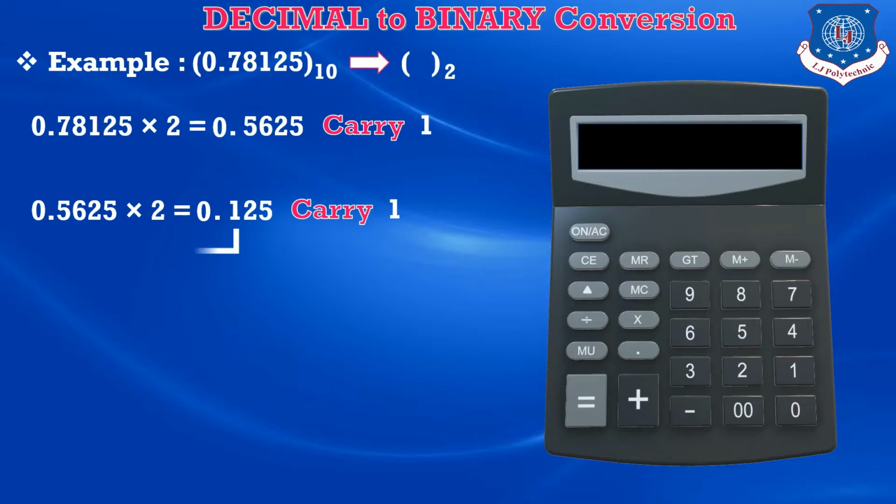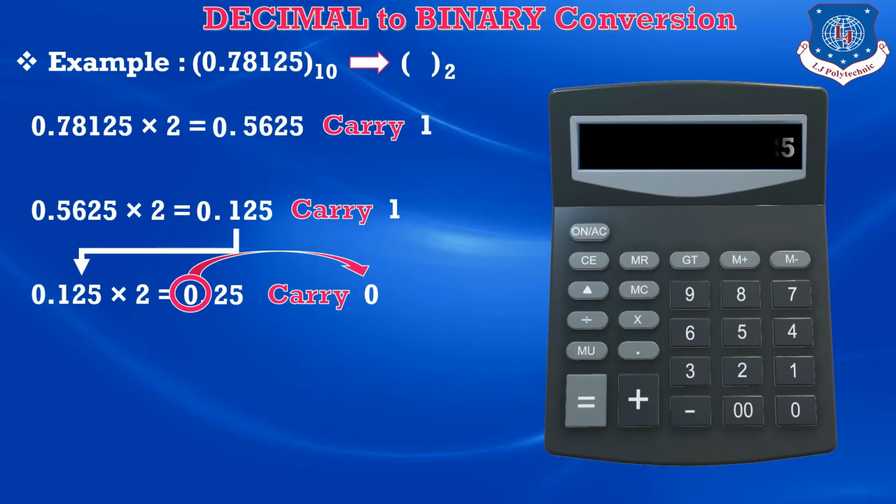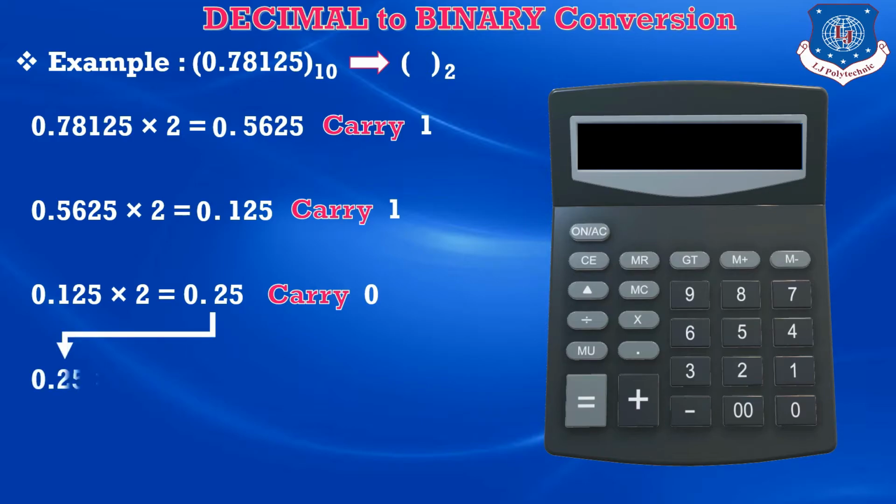Now this 0.125 is multiplied with 2 in another step. So now we get the answer 0.25. Amongst this 0.25, 0 is considered as a carry. So the remaining term stays 0.25. In the next step, 0.25 is multiplied with 2.